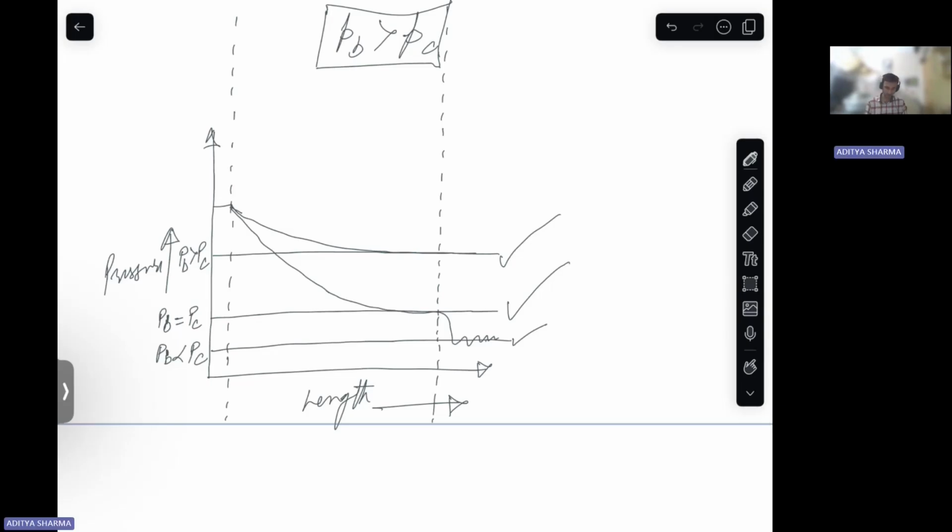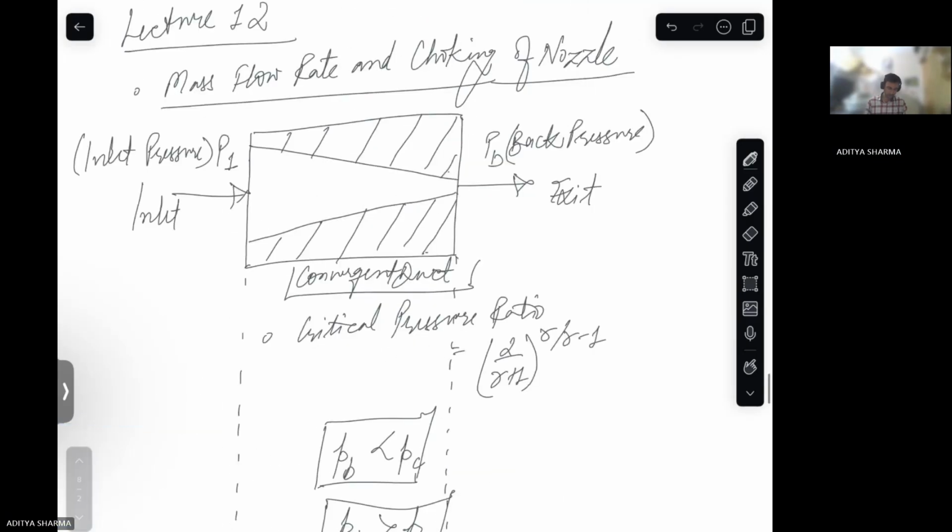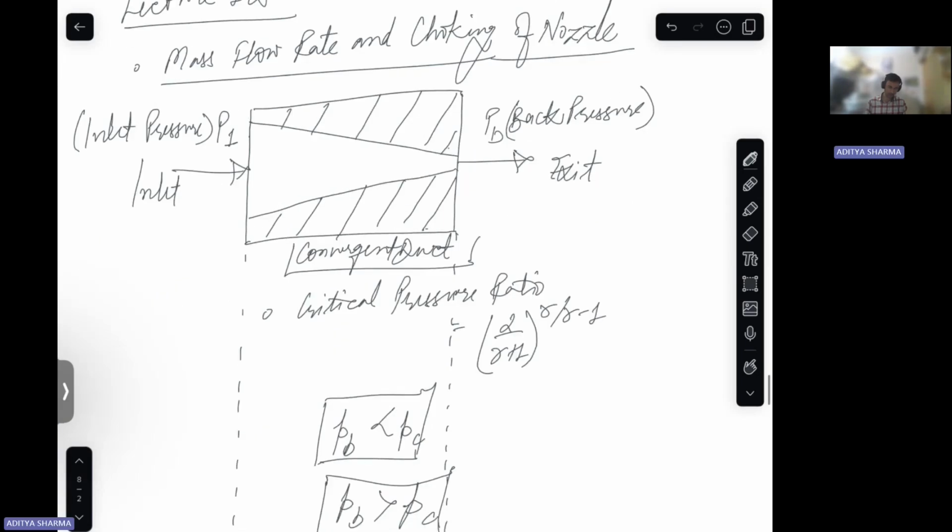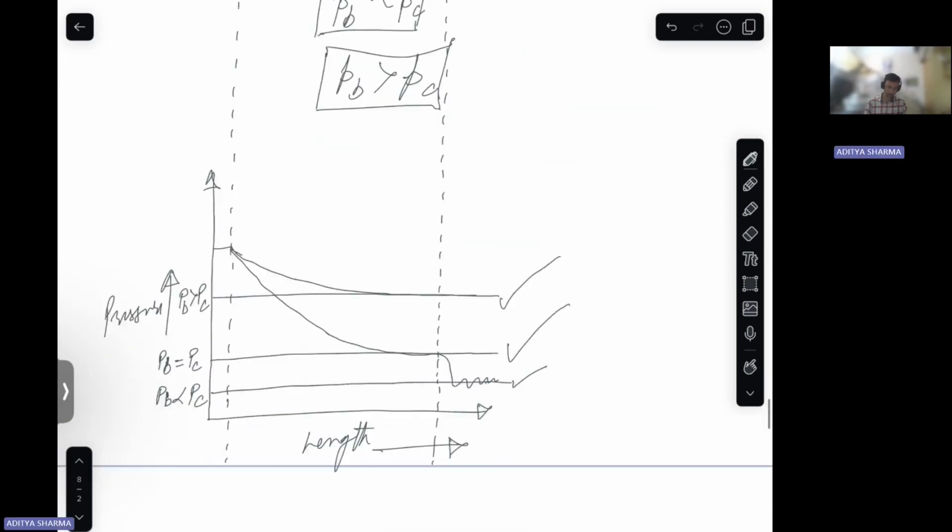Where a series of expansion and compression basically will take place. So it will not be purely expansion, right? So this is what your lecture says on your convergent duct, right?